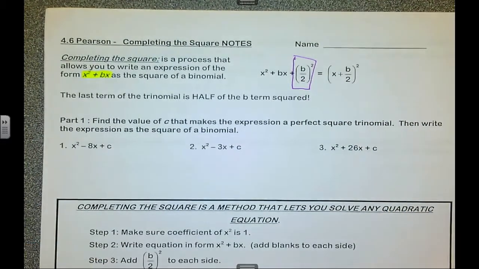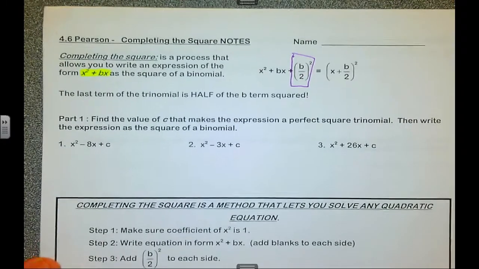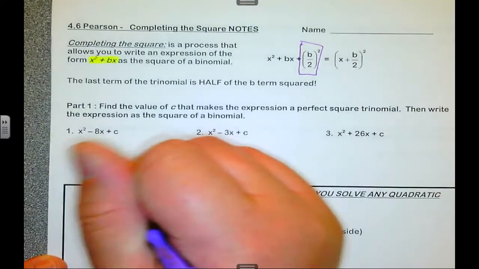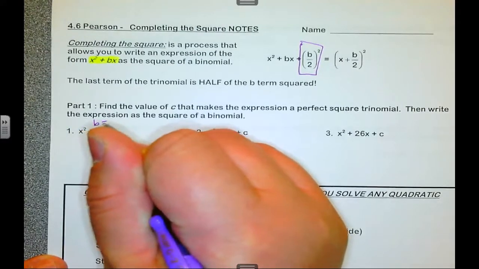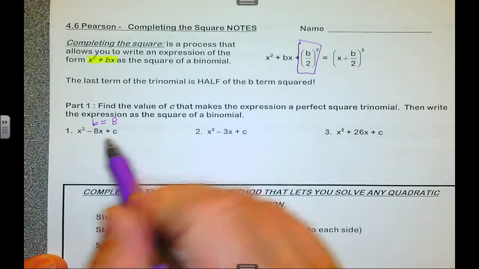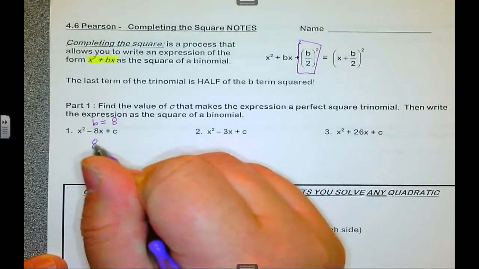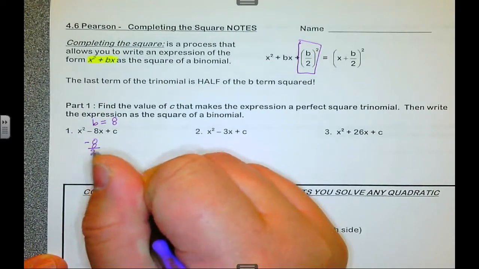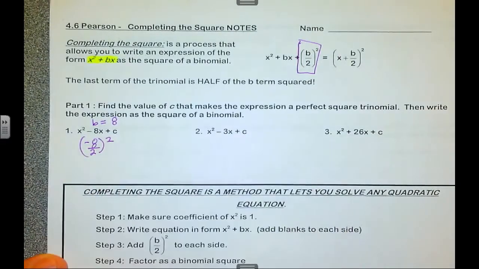Now, I know this sounds complicated. You guys just like to see, well, just tell me what to do and give me the numbers and let me do it. So that's what I'm going to do here. My b in number 1 is what? 8. So I'm going to add, you could use the minus 8, divide it by 2 and square it.